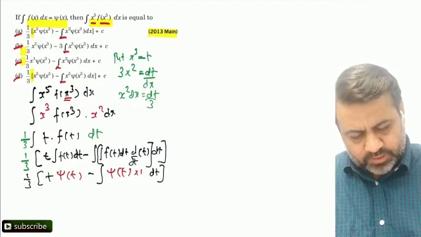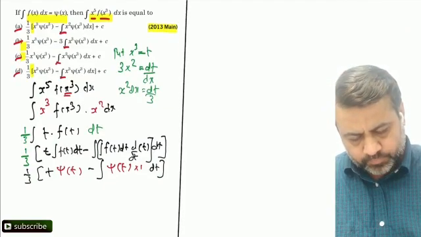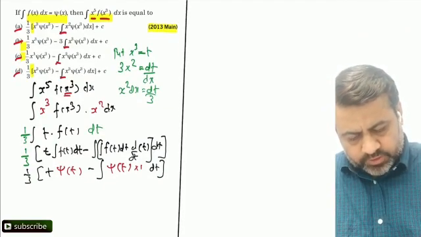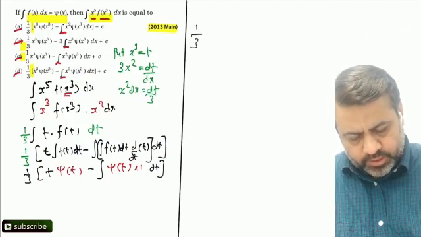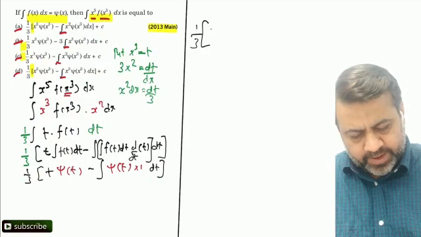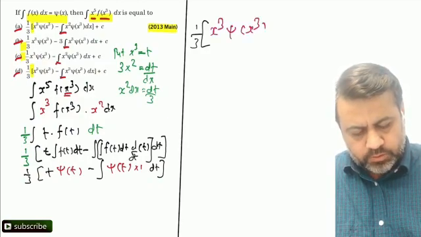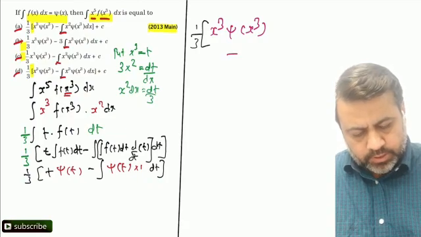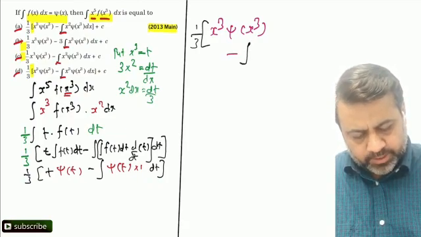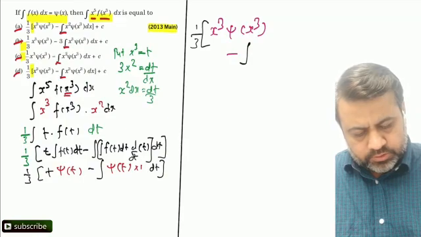So what we do here is, we write 1 by 3 inside the bracket. t is replaced by x cube, xi of x cube, minus integration of, I am writing it separately, integration of xi of x cube.